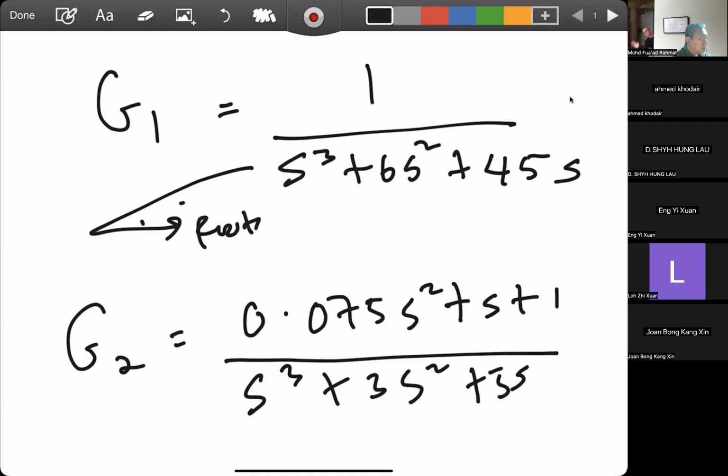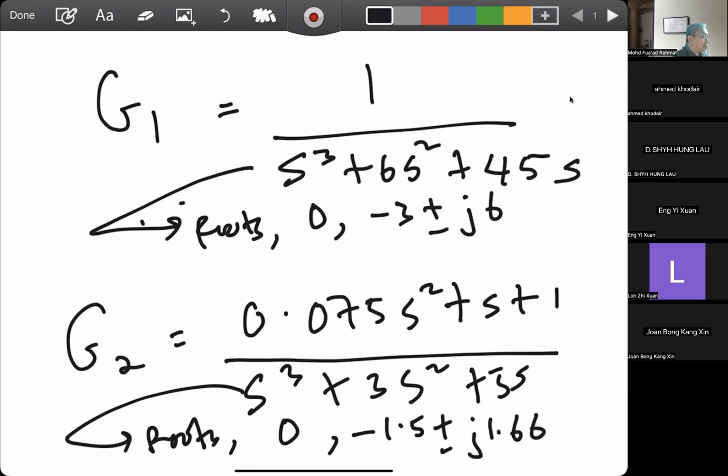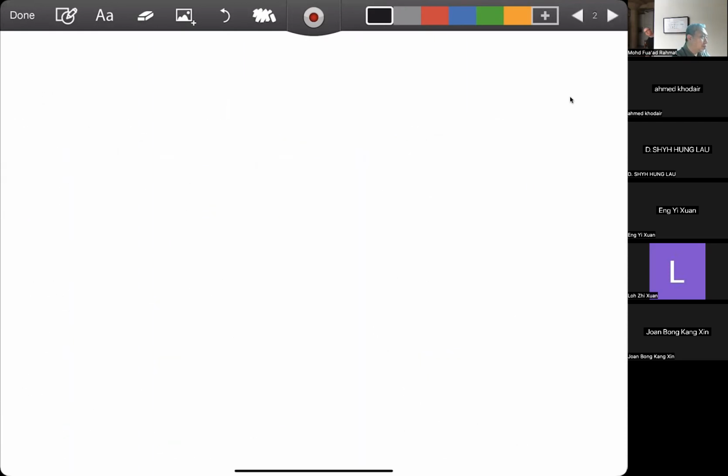For G1, they are 0 and minus 3 plus minus j6. We have 3 roots. For G2, the roots are 0 and minus 1.5 plus minus j1.66. Then we sketch the root locus for G1 and G2.